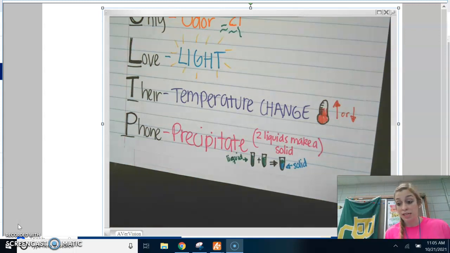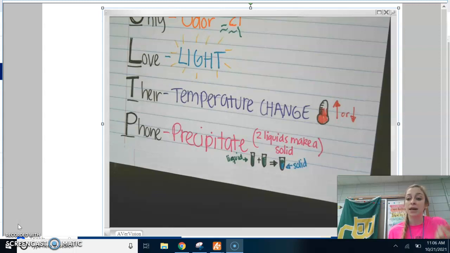Sometimes it's more obvious, sometimes it's chunks that float at the top, but this is when we combine two liquids and you get solid pieces. It does not mean that we combine two liquids and they turn completely to a solid. That would be unusual. That would be interesting. This is when we combine two liquids and we get solid pieces.